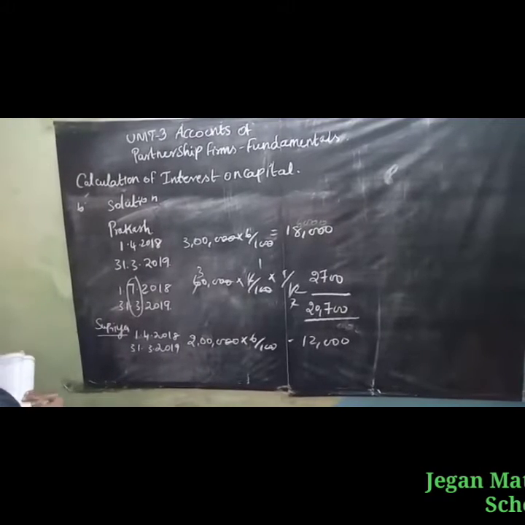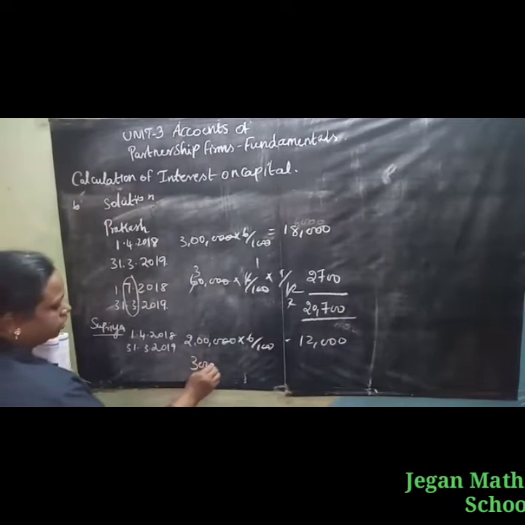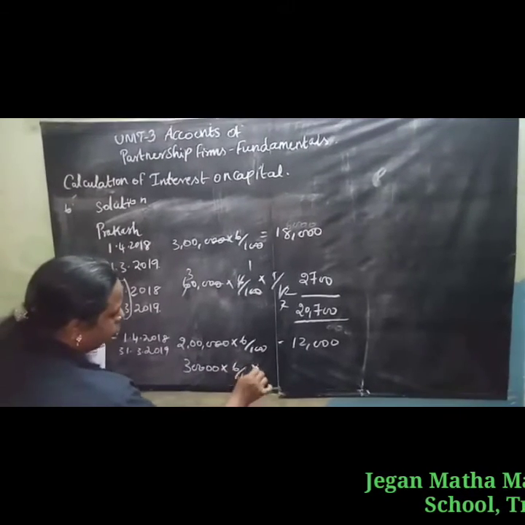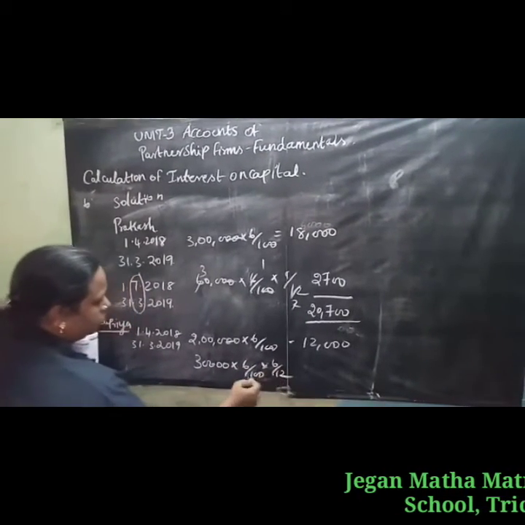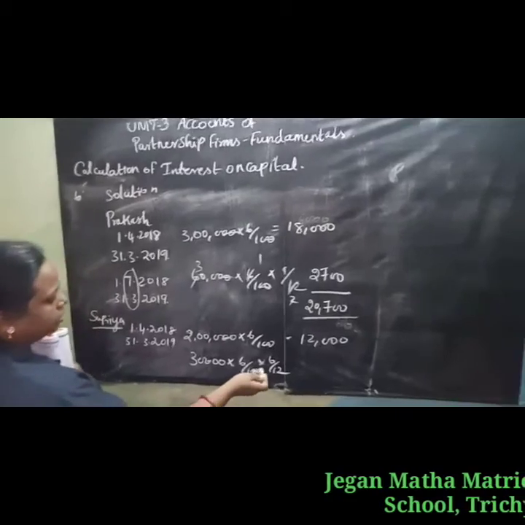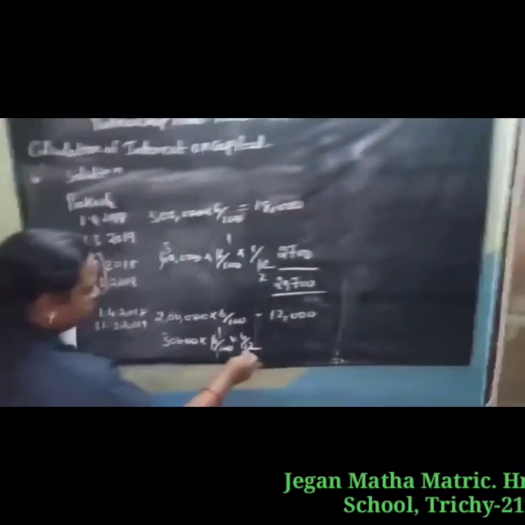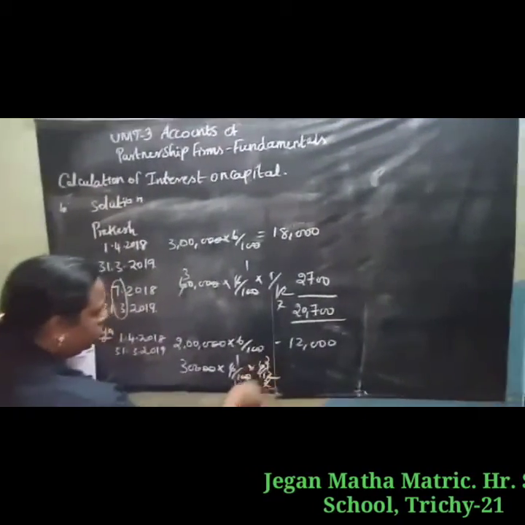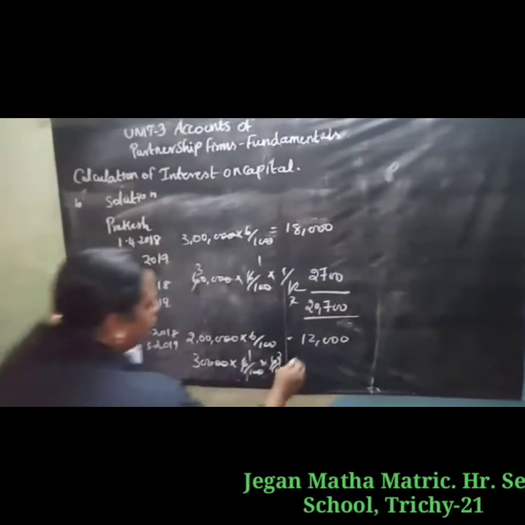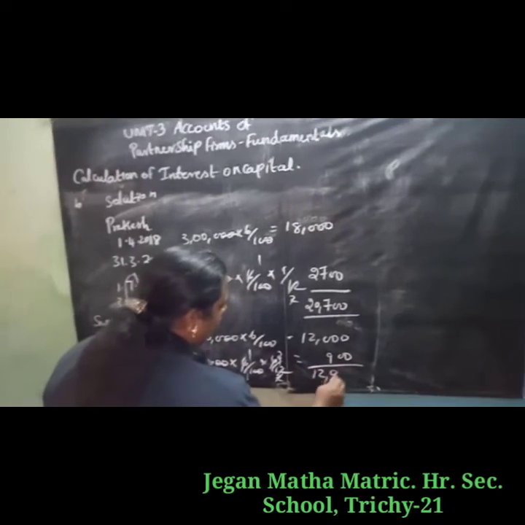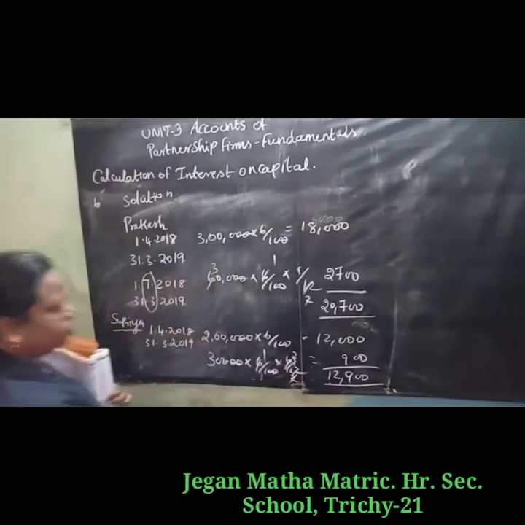So 30,000 into 6 by 100 into 6 by 12. During the year we have to assume 6 months. So 1 6 are 6, 2 6 are 12, 1 2 are 2, 3 2 are 6. So the answer is 900. So total interest on capital is 12,900 for Supriya.